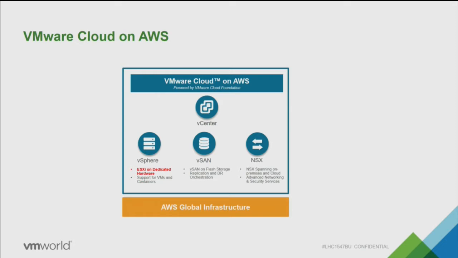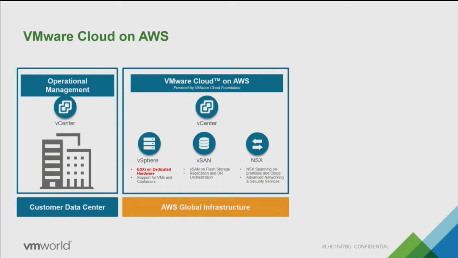Same vCenter, only with the HTML5 client, so it's faster. But it's really the same vCenter customers are used to from on-premises. Now, because this is just vSphere, it's compatible with on-premises.